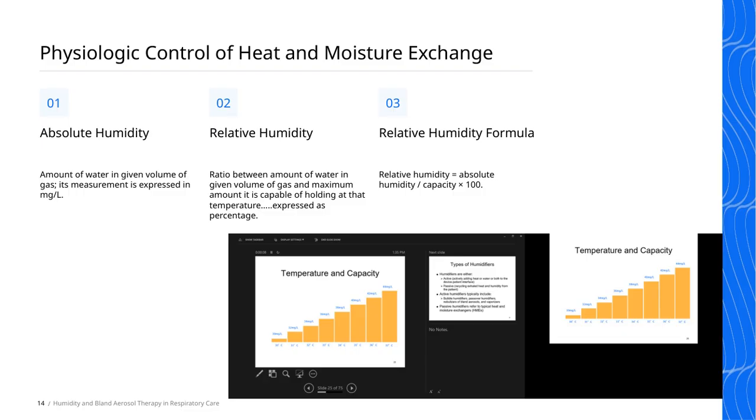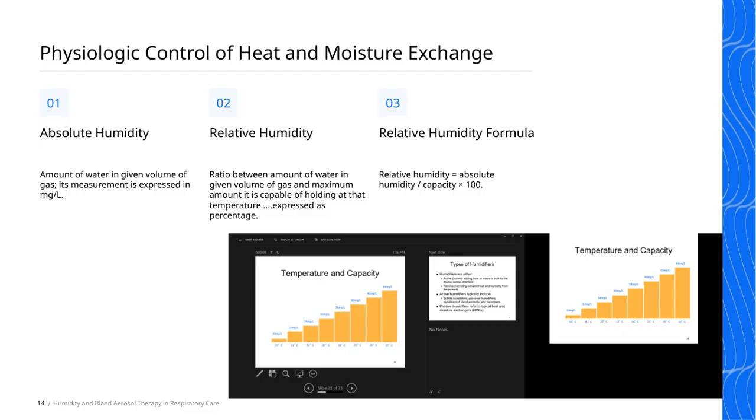Now, the ratio between the actual water in the gas and its maximum possible amount at that temperature is what we call relative humidity. Think of it as a percentage indicating how full the air is with moisture. When the air reaches 100%, it's fully saturated, and no more water vapor can be held without condensation.